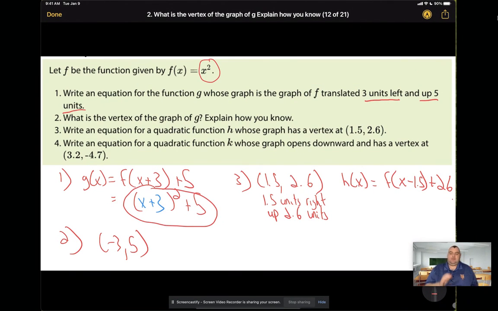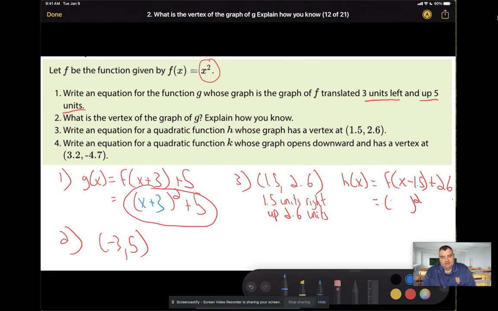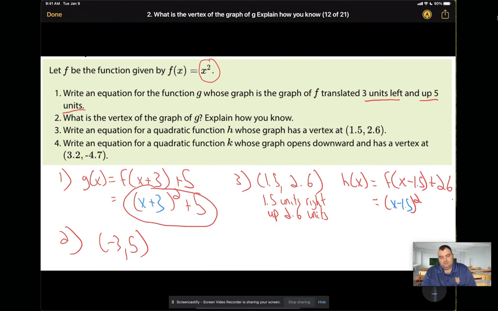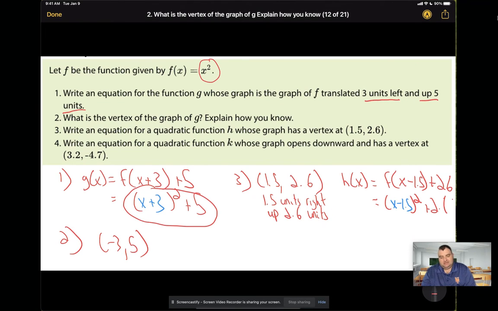So f of x minus 1.5 plus 2.6, which means my equation is going to look something like this. So it's going to be x minus 1.5 squared plus 2.6.